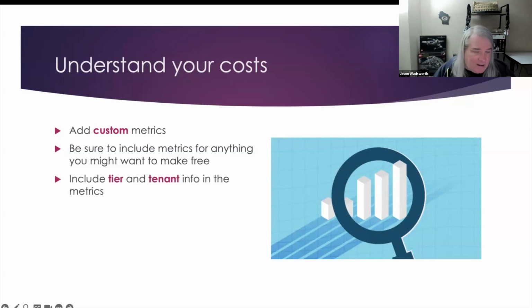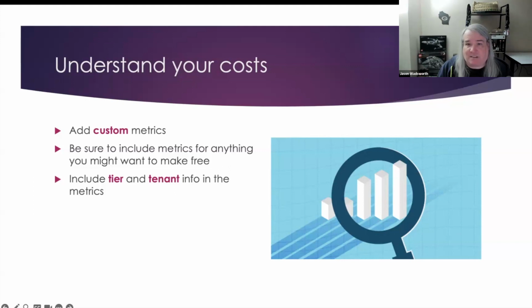When you do that, the thing you really want to do is make sure you include on those metrics the tenant and tier information, right? And these will be like dimensions, right? So you've got the information about what you're collecting. They hit this particular function, and here's the tier or tenant that was doing it. This allows you to start looking at your metrics a little bit more down at the particular tier level or tenant level.